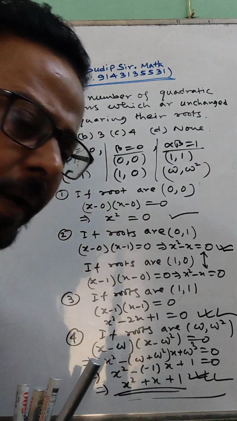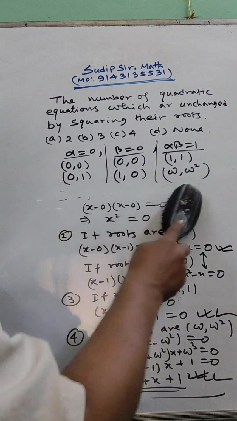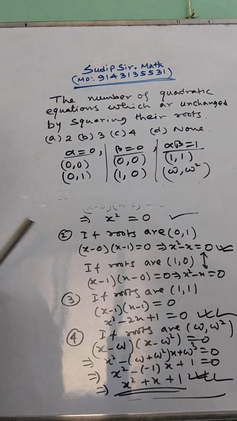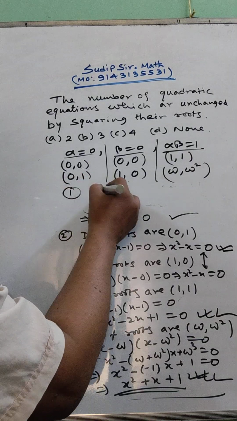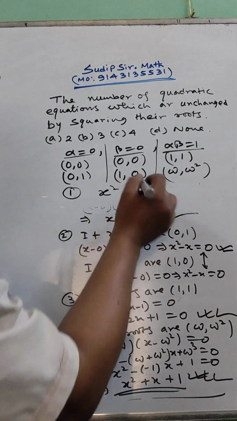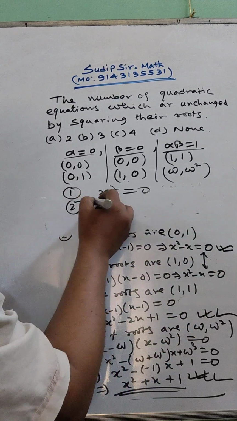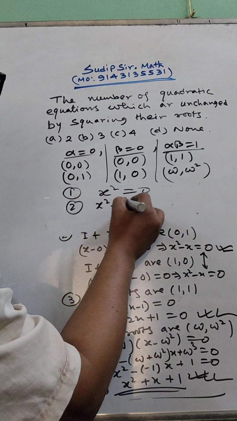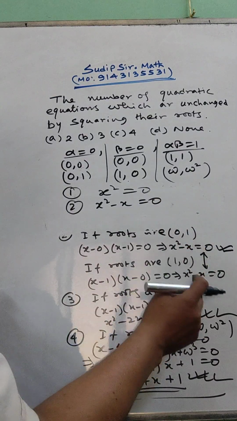So our four equations are number 1, x square equal to 0, number 2, x square minus x equal to 0. From both we get this equation.